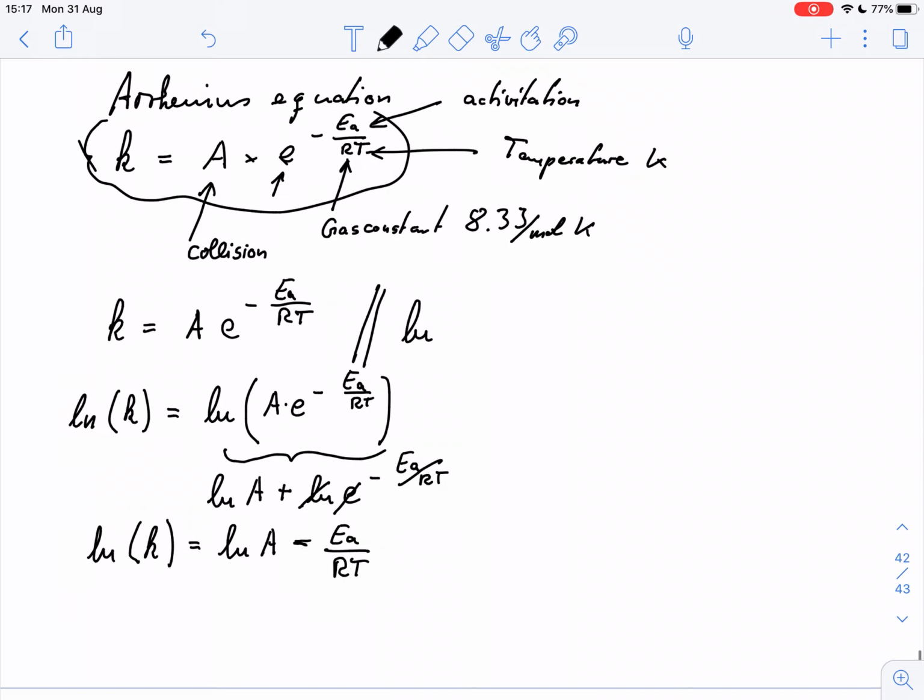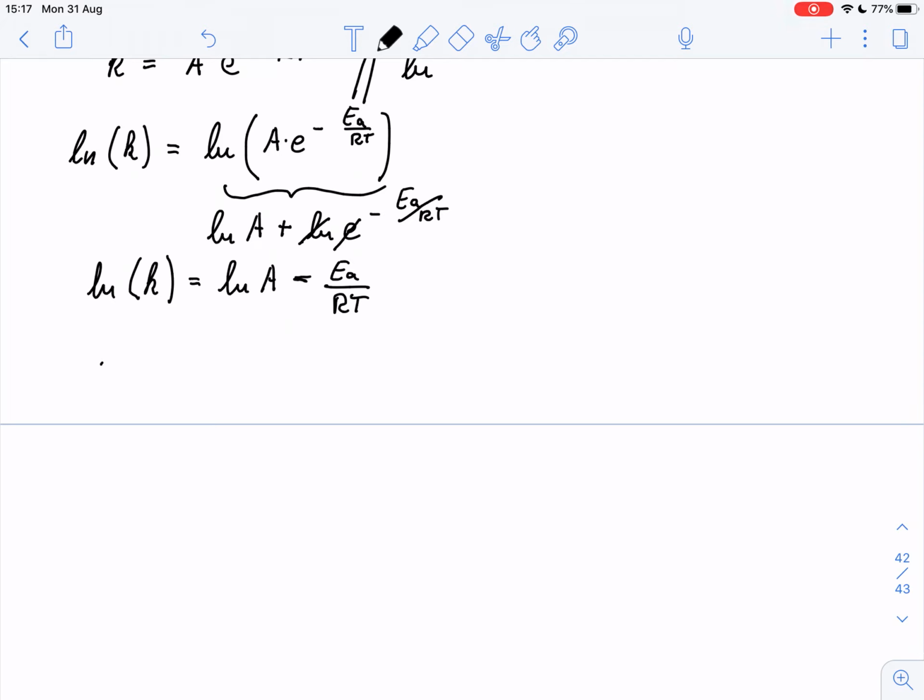Let me write this as ln k equals ln A minus EA over R times 1 over T.